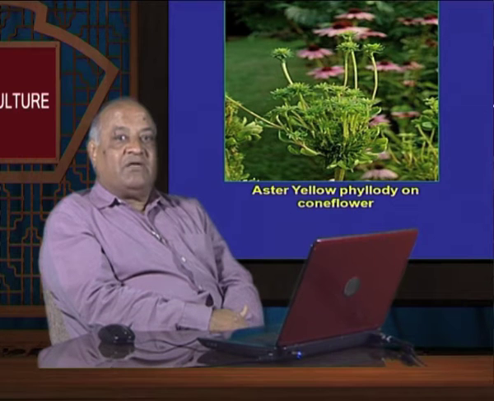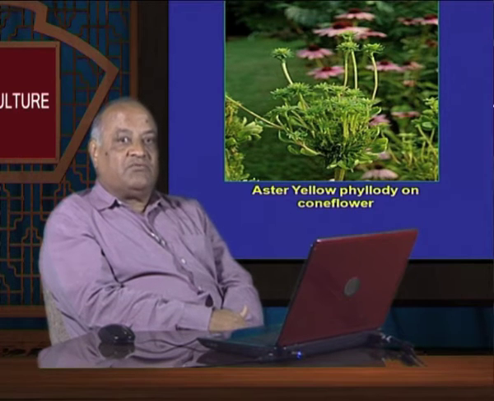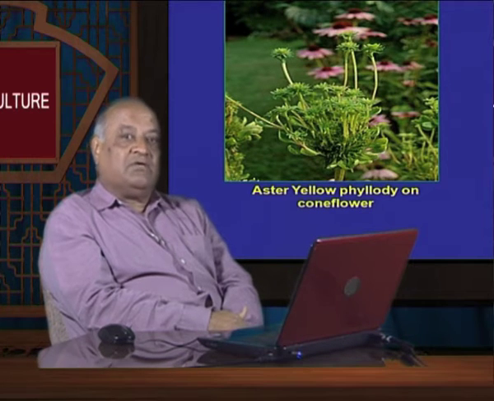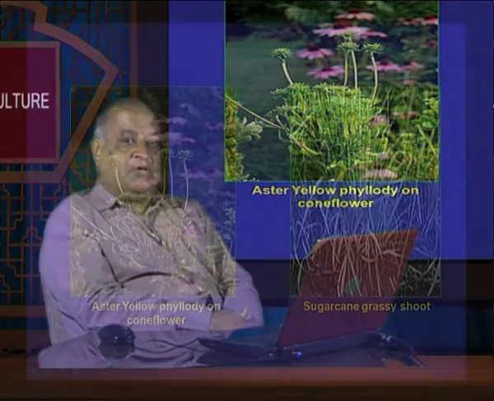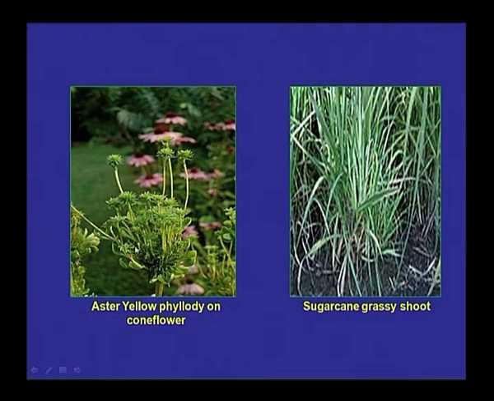If we are not able to have a managing strategy for this type of pathogen, it will be difficult for us to cover this area for sugar production, typically caused by the Mycoplasma.